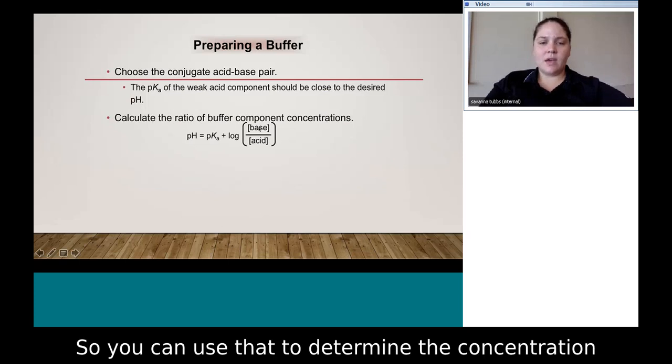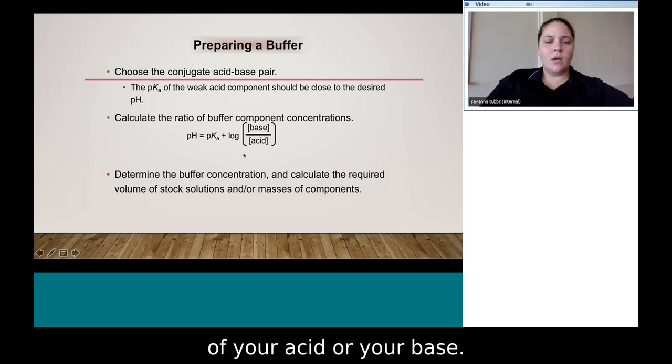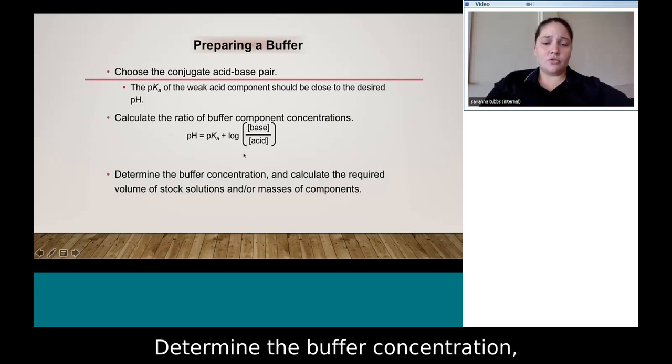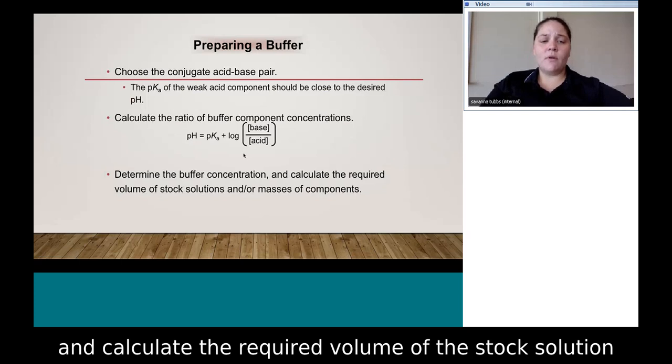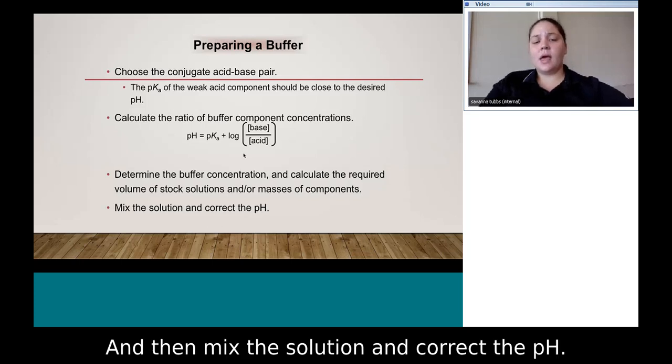So you can use that to determine the concentration of your acid or your base. Determine the buffer concentration and calculate the required volume of the stock solution and/or masses of your components. And then mix the solution and correct the pH.